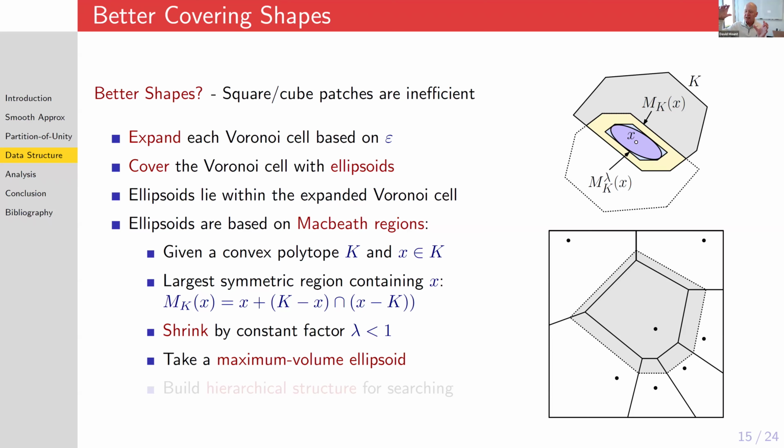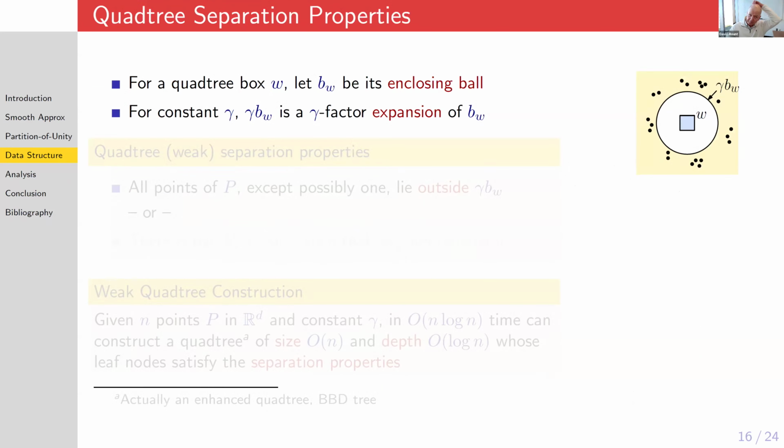That gives you an expanded region. What I've drawn here is, from the viewpoint of the polytope, if you project that back down, one of these lifted regions. Then you just apply this construction up in the lifted space. So you build a d plus 1 dimensional ellipsoid, and then you project that back down. This is the main idea that I want to describe, beyond the quadtree.